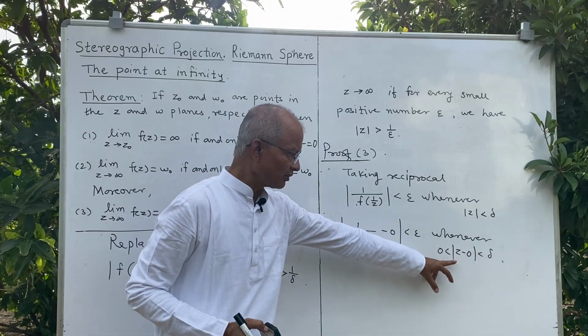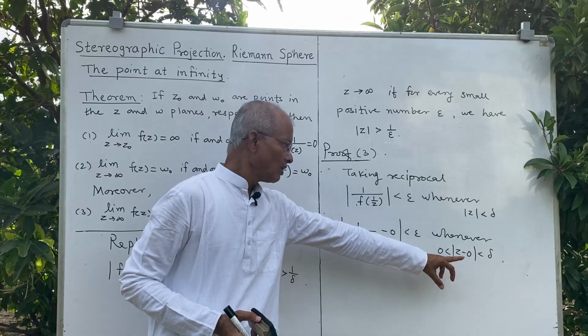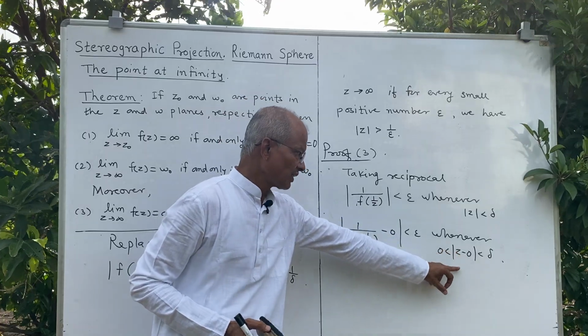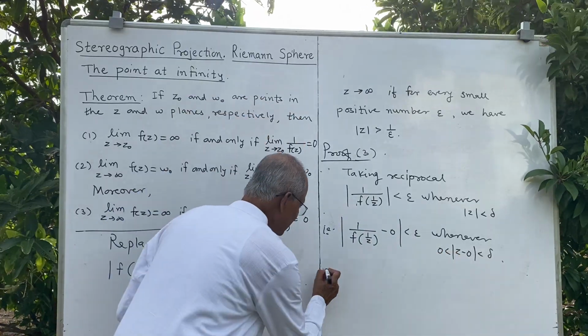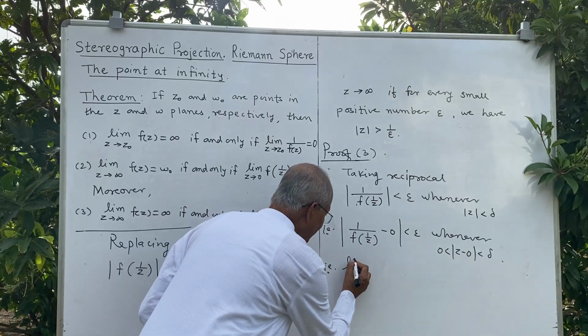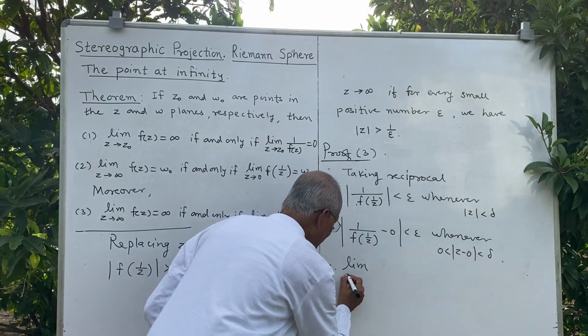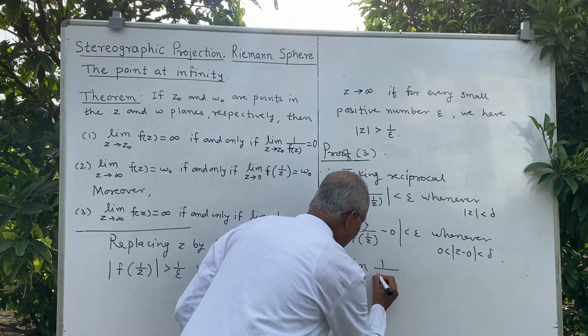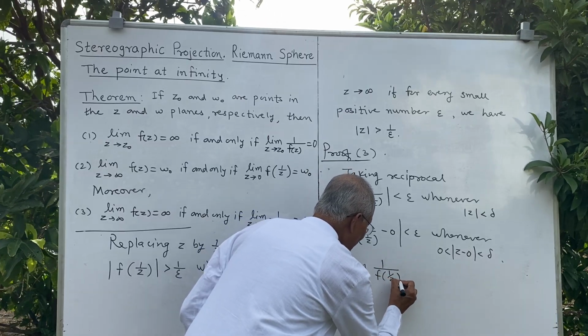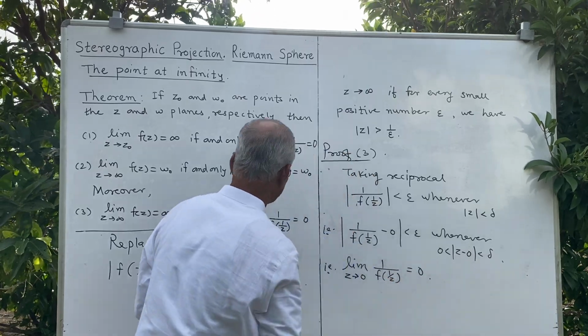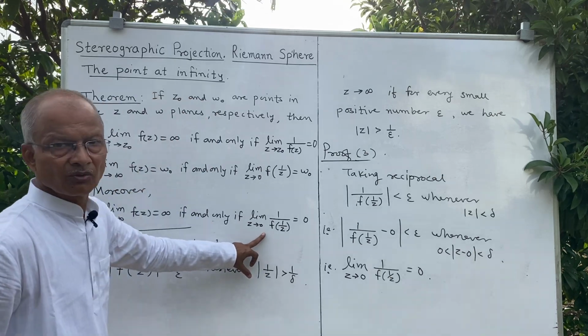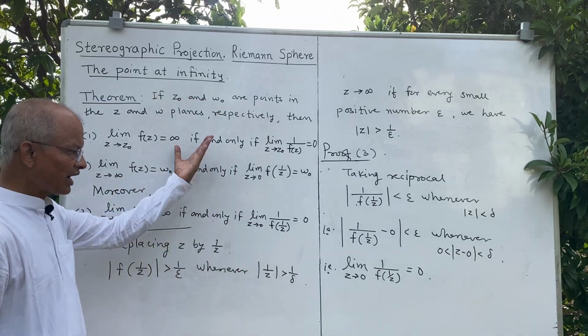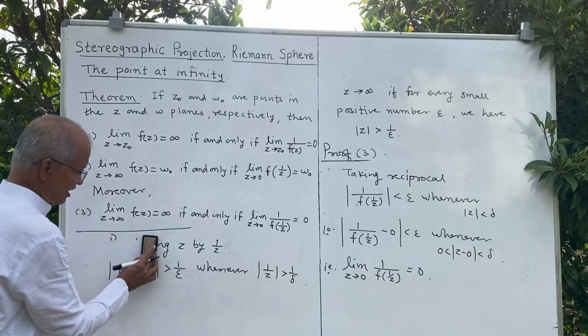This is the deleted delta neighborhood of 0, and thus this implies the limit as z tends to 0 of 1 upon f of 1 by z is equal to 0. So this is what we wanted to prove, and the converse part will follow in a similar manner.